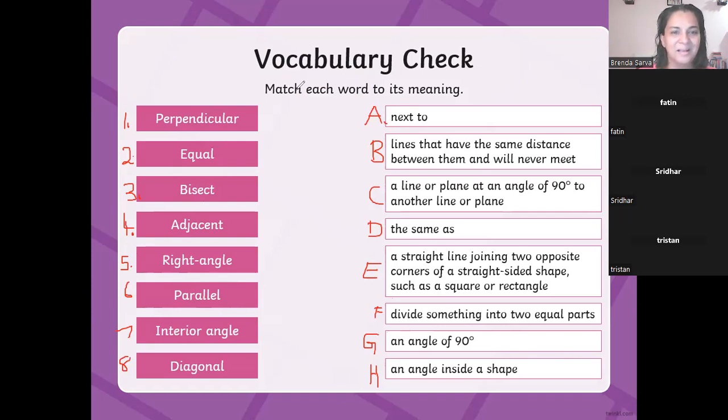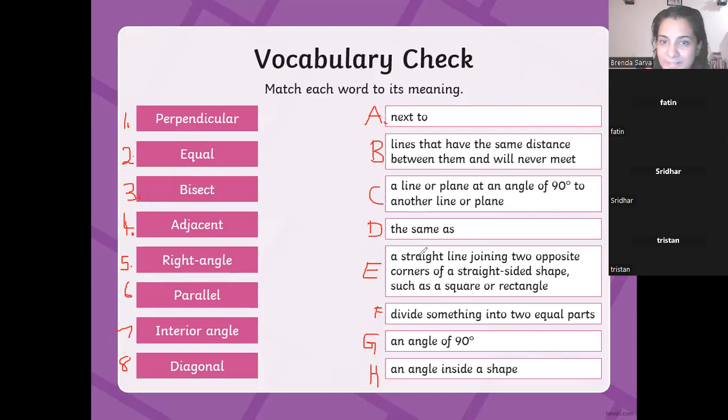Wait, let me see. 1 first. What is 1? Everybody answer for 1. What's perpendicular? You remember perpendicular? A bisector which bisects into 90 degrees.